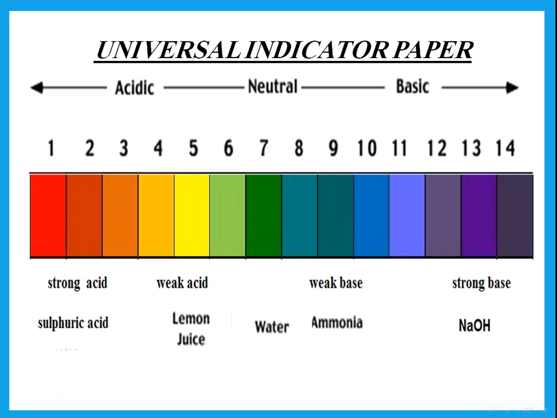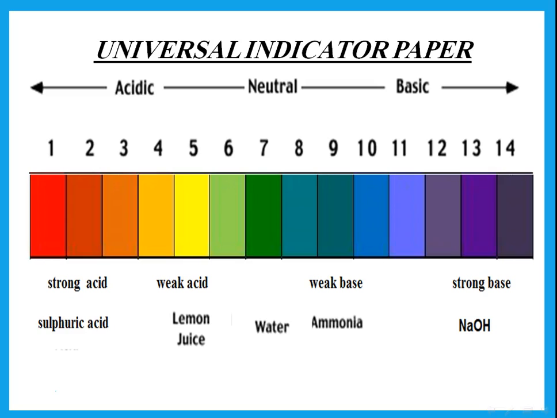If I put it in ammonia, which is a weak base, it will have shades of blue up to the strong base, which is blue. So remember that universal indicator paper in strong acid and in strong base gives almost the same colors as litmus. So in strong acid it's red, in strong base it's blue. You have to remember that if I put it in something neutral, it gives what color?